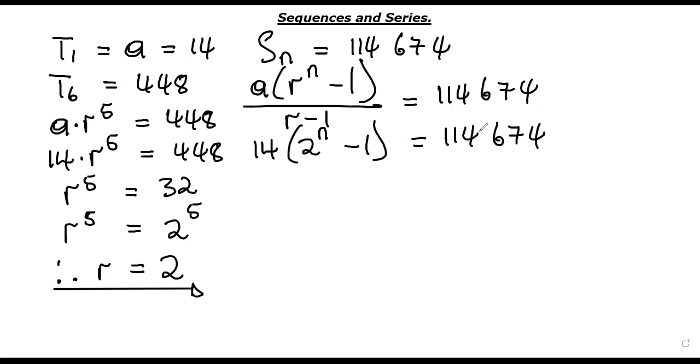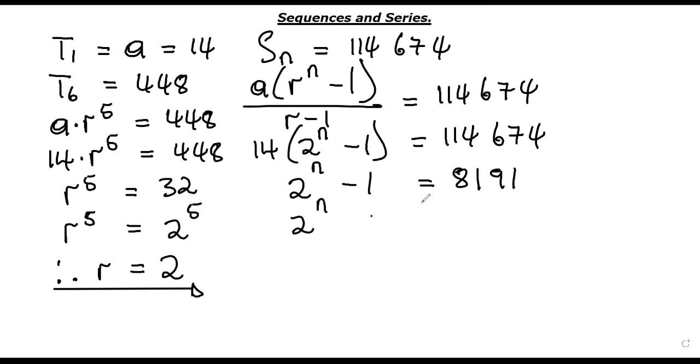So we say 114,674 divided by 14. On the left-hand side, we are left with 2 to the n minus 1, and this is equal to 8191.